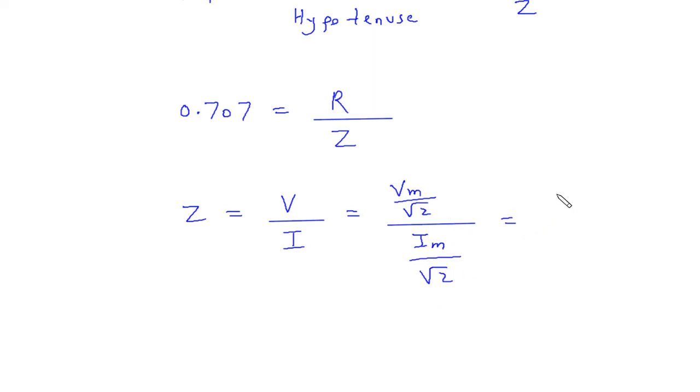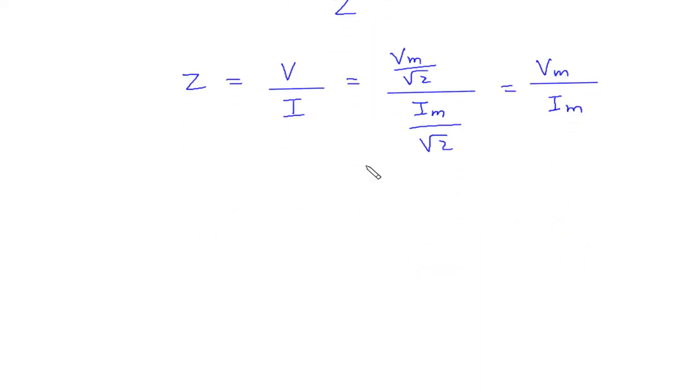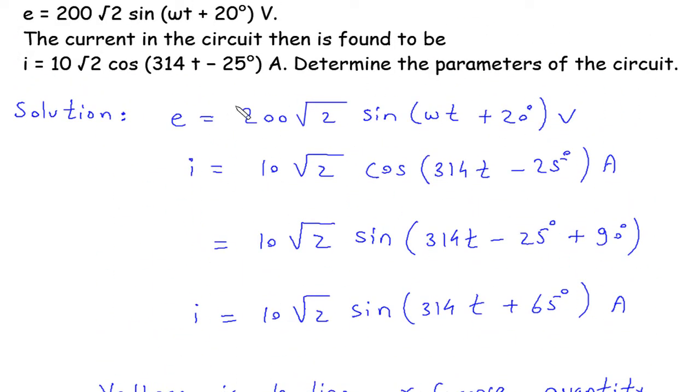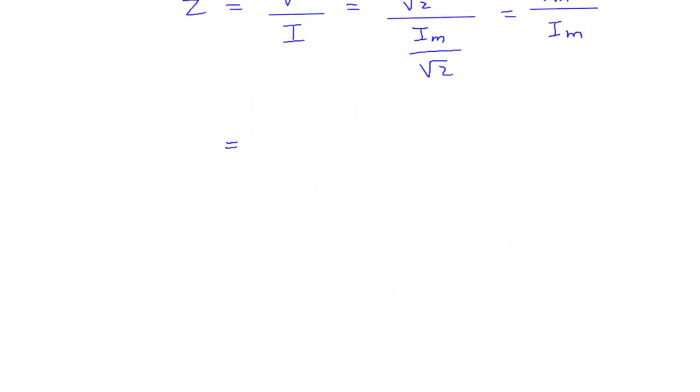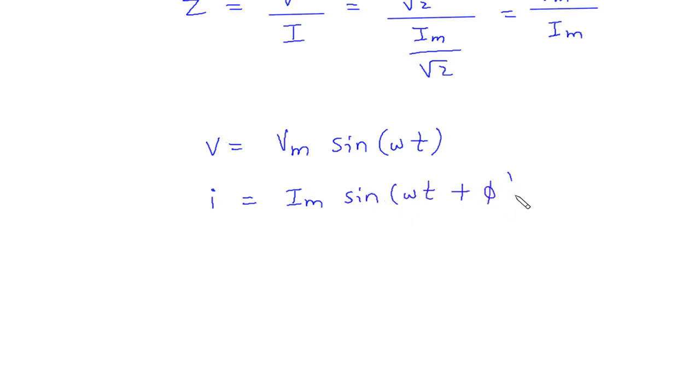This root 2 will get cancelled, so Z is equal to Vm by Im. Now V is equal to Vm sin omega t, and I is equal to Im sin(omega t plus phi).